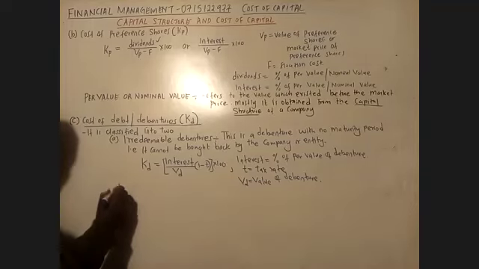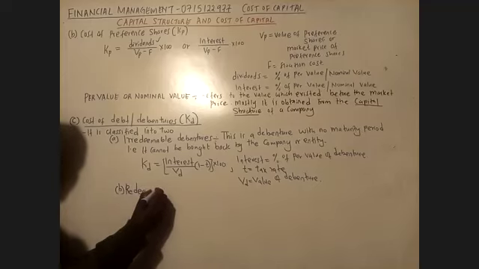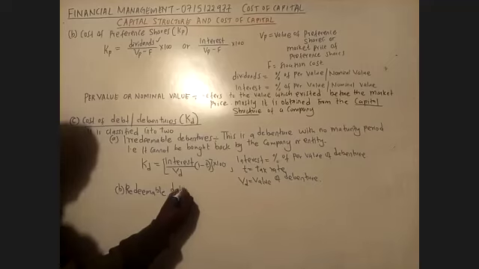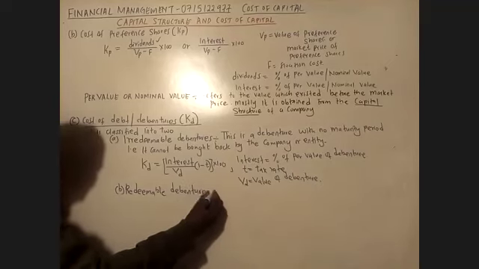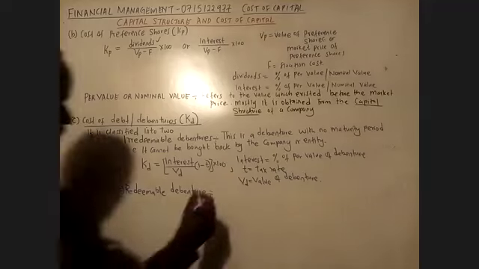Number B. Now let's look at the redeemable debenture. So these are debentures with a maturity period.